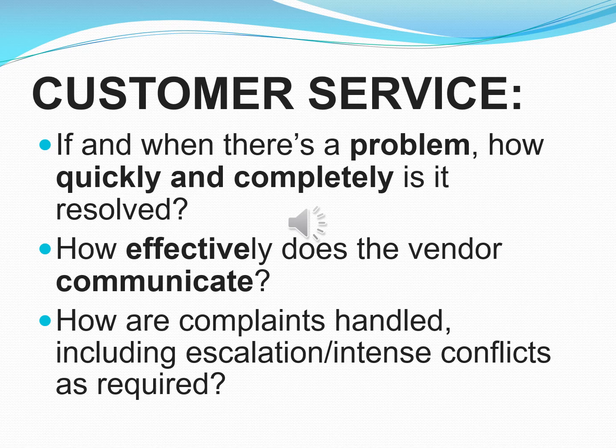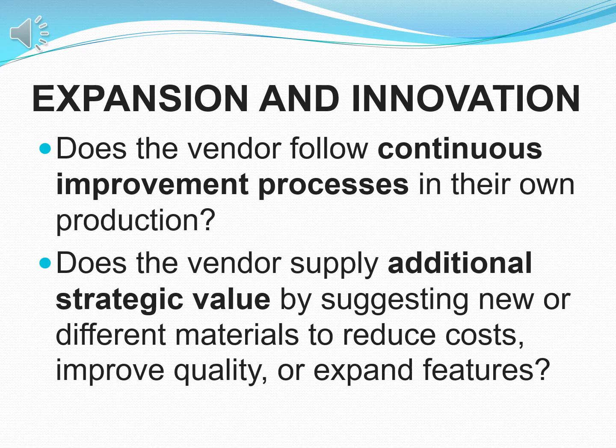The next one is expansion and innovation. Does the vendor follow a continuous improvement process in their production or not? Does the vendor supply additional strategic value by suggesting new or different material to reduce cost, improve quality, or expand features, or making new products, or the same product with extra features?